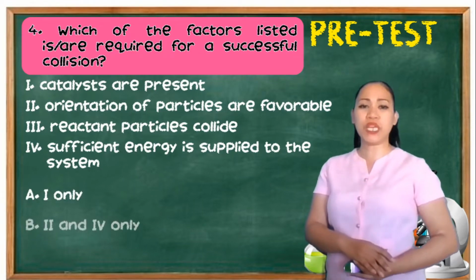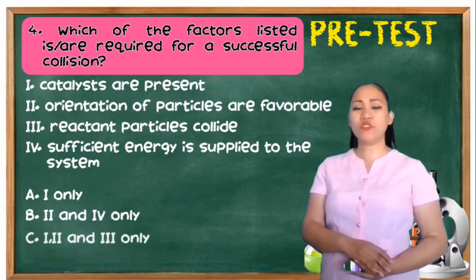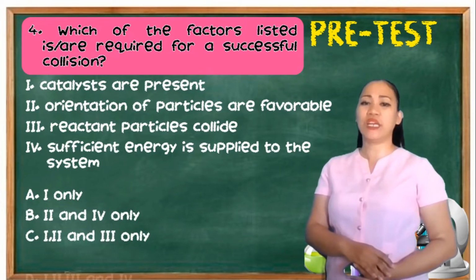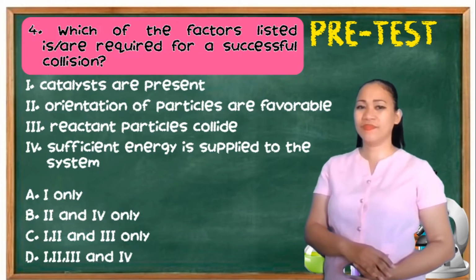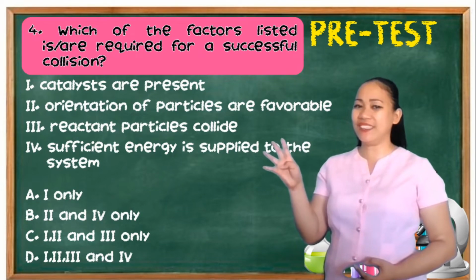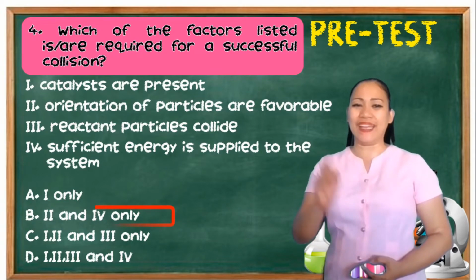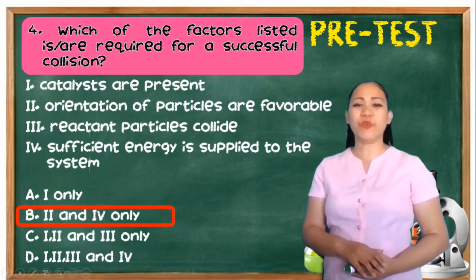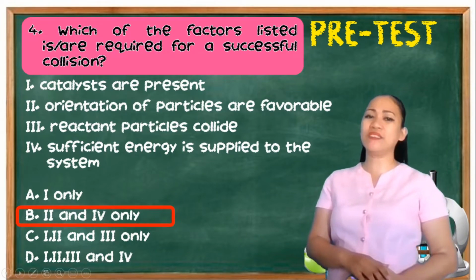For letter B, 2 and 4 only. For letter C, 1, 2, and 3 only. And for letter D, 1, 2, 3, and 4. Is it A, B, C, or D? If your answer is B, correct. It is the orientation of particles is favorable and sufficient energy is applied to the system.